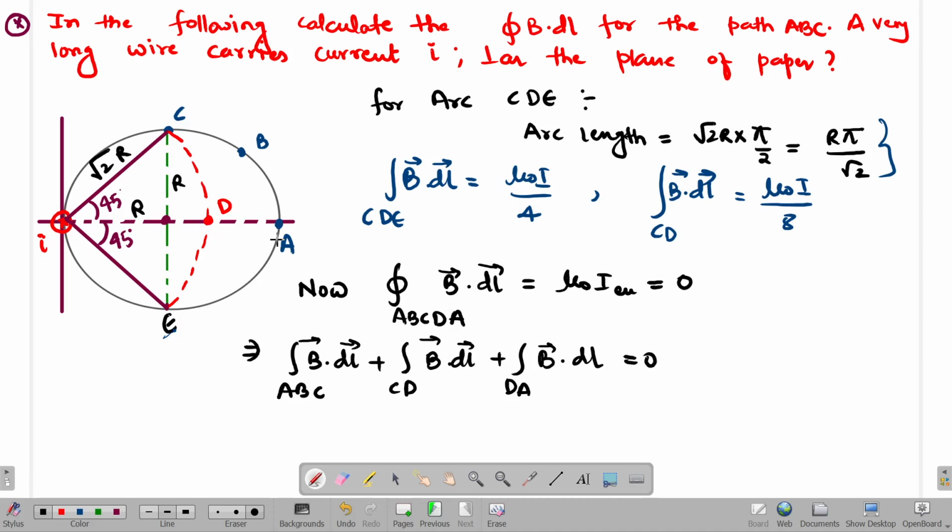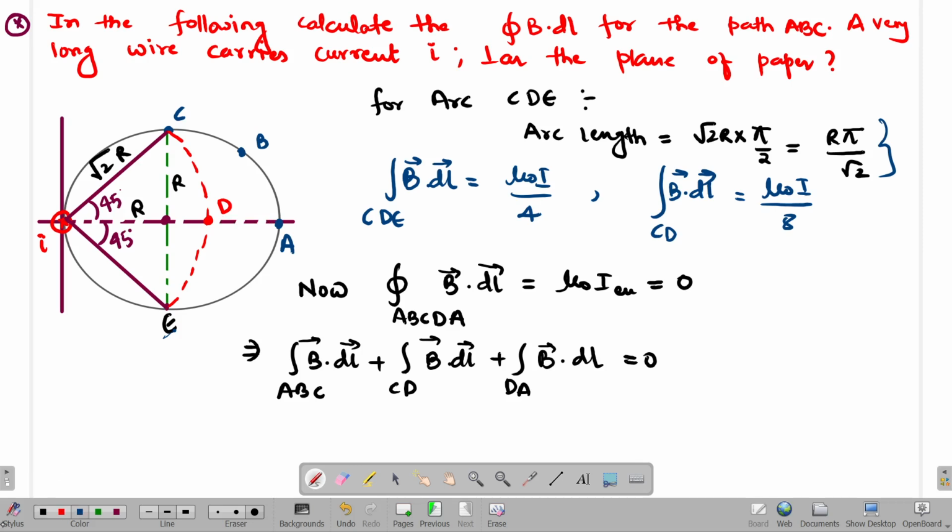Now you see that DA lies along the line of I or not. So look over here. IDL means what? If you look over here, IDL is along J cap. And DA, this line, is along some kind of I cap. And I dot J is 0. So look over here.